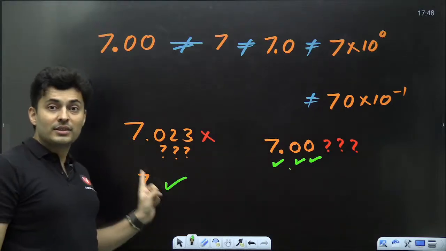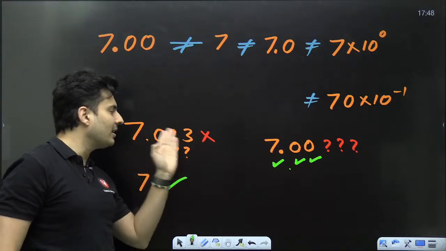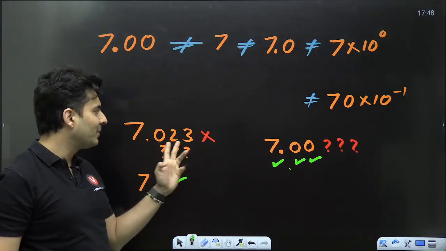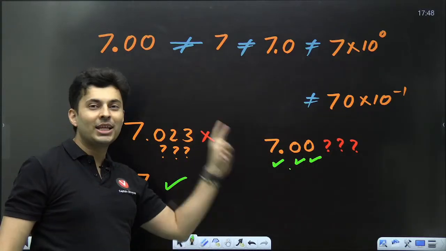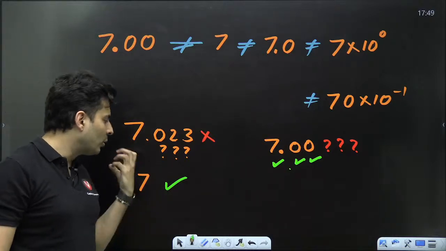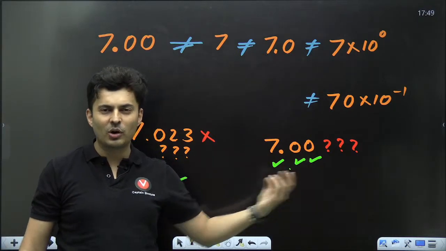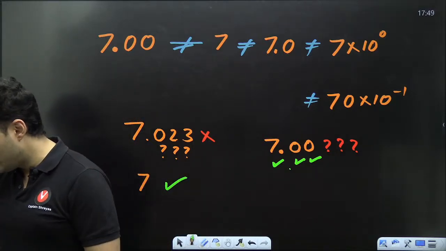How can we say these both are equal? Because this could be anything over here. Till the second decimal, I know it is 0, 0. This guy has put in that extra effort. This guy has not put in that extra effort. So tell me, out of 7 and 7.00, who is more accurate? Who is more precise? Come on, my dear warriors.